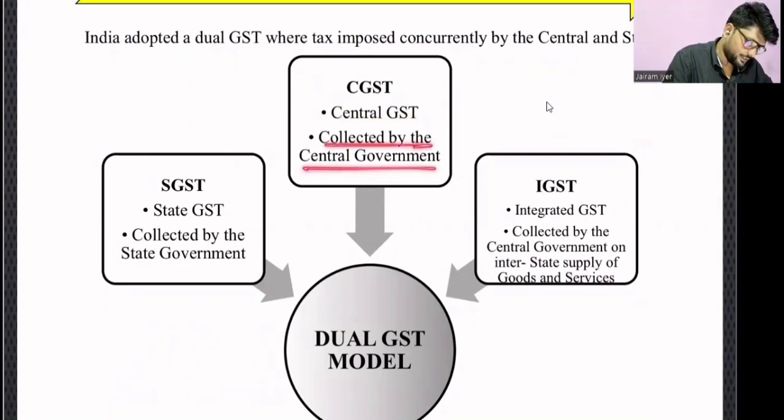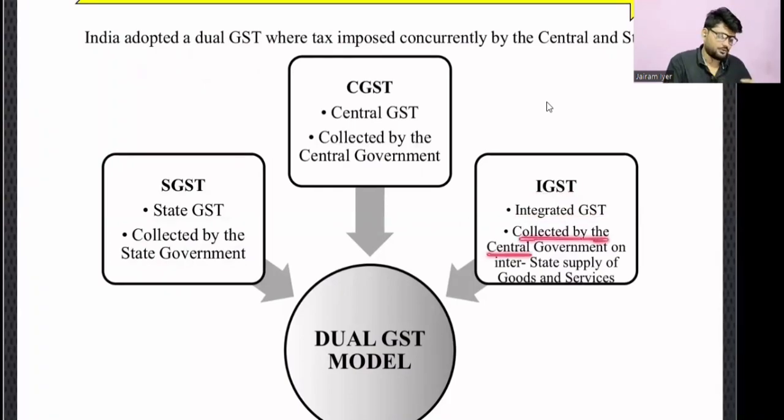SGST is the state GST collected by the respective state governments. And IGST is the integrated goods and service tax collected by the central government on interstate supply of goods and services. What actually is interstate? Whenever it is between two states or two UTs or one state and one UT.